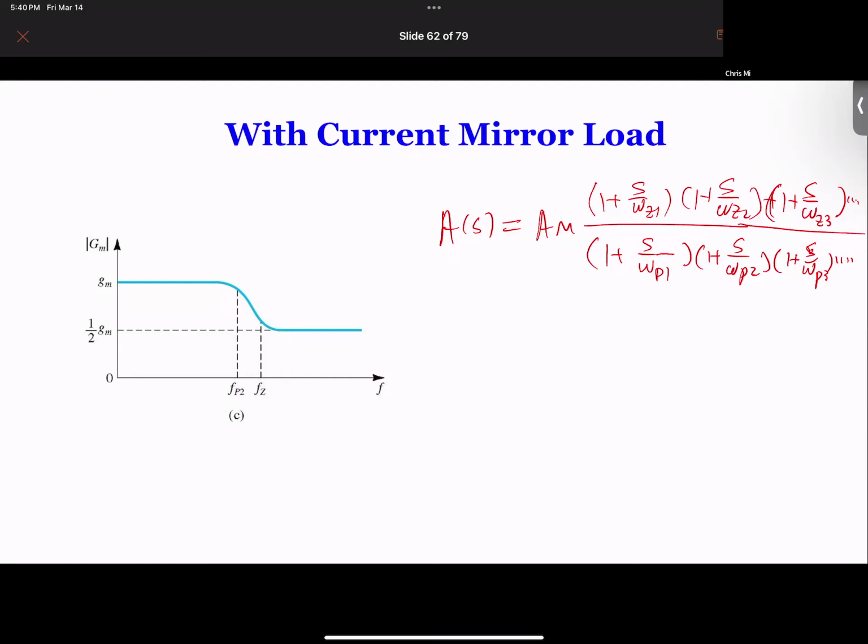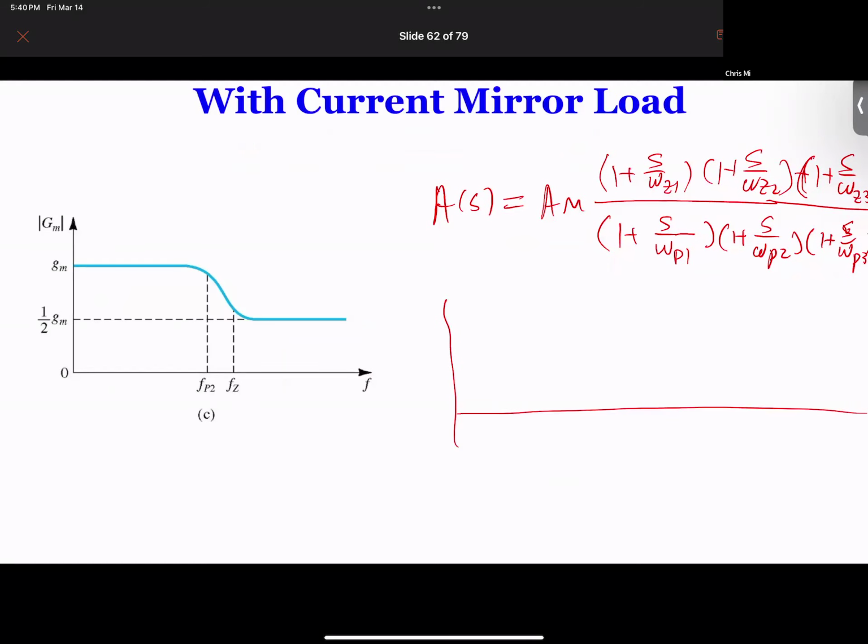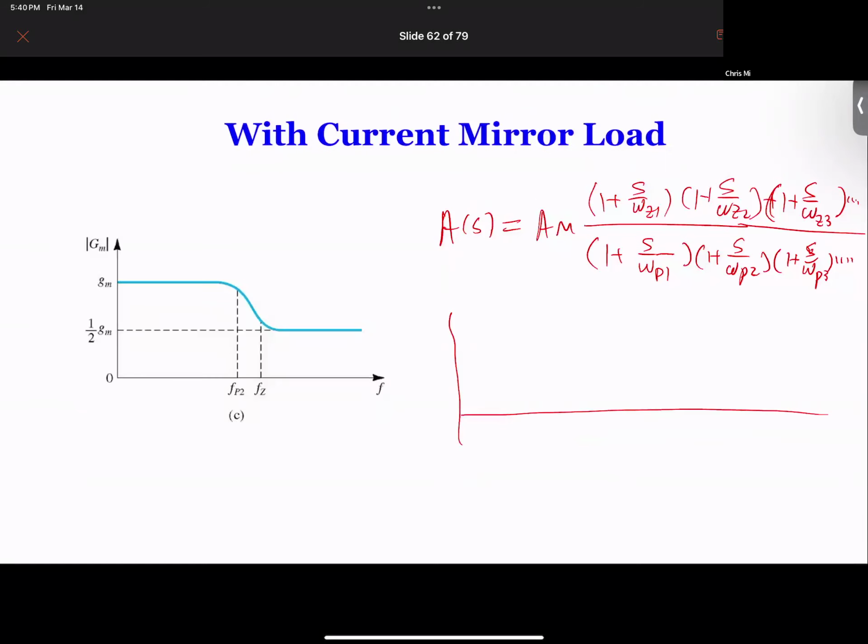So if you plot the multi-stage response, you look at 20 log of A(S), and it becomes like this. It will drop, it will be flat, it will drop more, flat, flat, flat, and drop, flat like this.